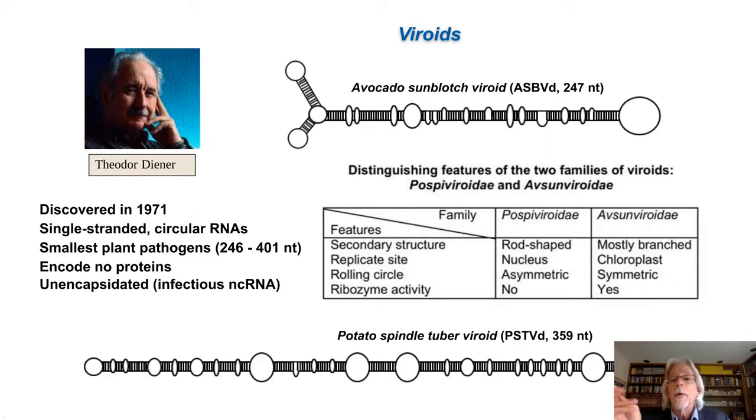This talk is going to be concerned with the Pospiviroidae, specifically the type member potato spindle tuber viroid. These are mostly rod-shaped, and they replicate in the nucleus and do not have ribozyme activity.